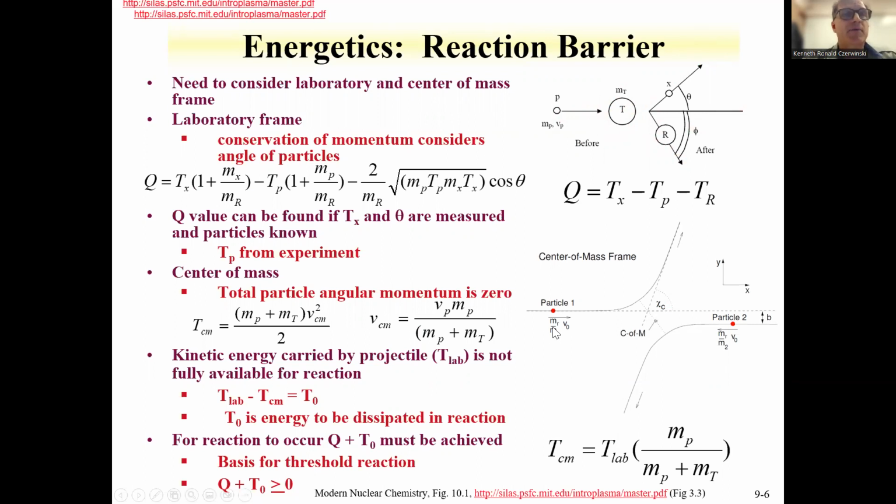The way that we really do the math is based upon center of mass, where the reaction happens in a center of mass. We basically say that both particles are moving and the reaction takes place in the center of mass between the two particles.